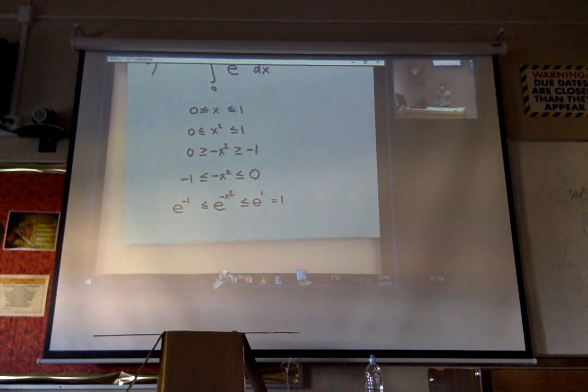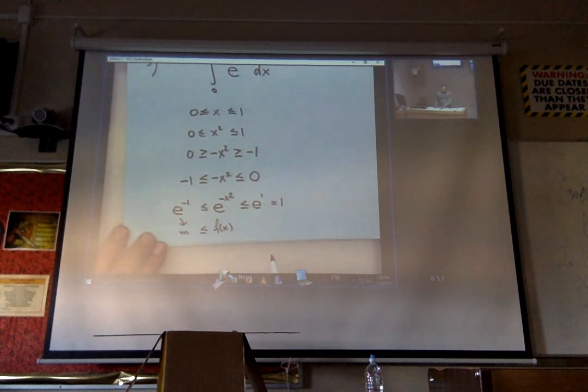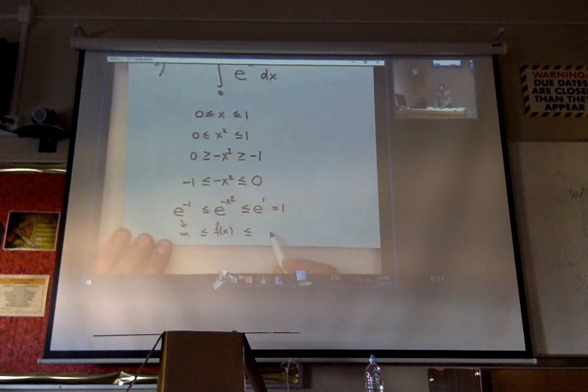So here's the thing. This is your f of x. What's on the left side? This is your little m, which is what? Absolute what? Minimum. And here, 1 will be what? Absolute max. So you have your little m and you have a big M.